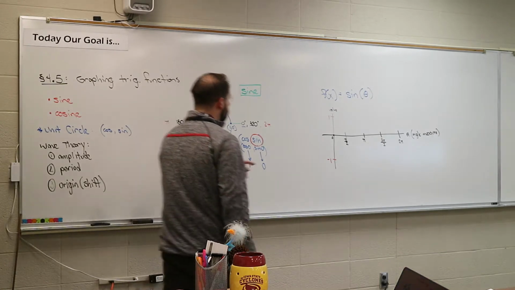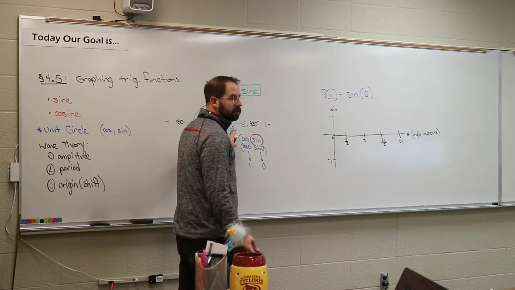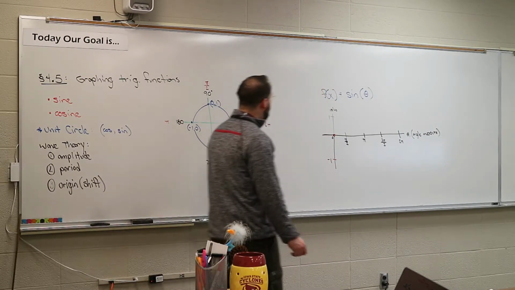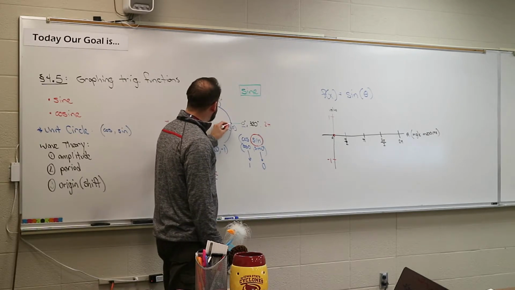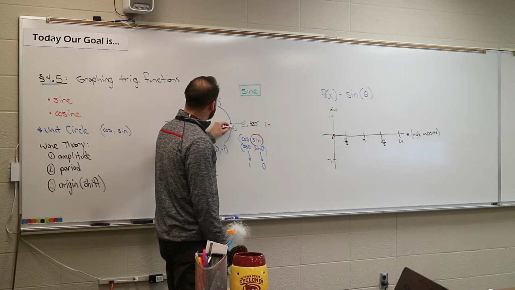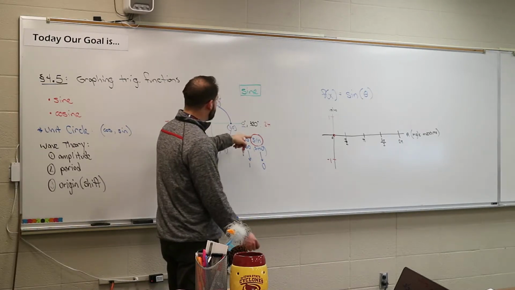So at 0 degrees, 0 radians, what's my answer for sine? 0. Okay, we start here, on the origin. As we go up to 90, what is it going up to? 1. That's the second number, that's sine. Sine is the second number.